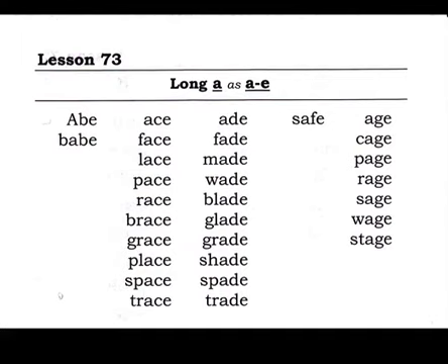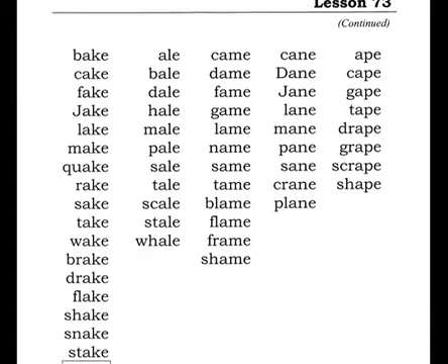For example, ACE is ace, and then you have face, pace, race, brace, grace, etc. Under ADE, you have fade, made, wade, blade, etc. Under AKE, you have bake, cake, fake, quake, shake, etc. And at the bottom of that column, we have the word ACHE, which is pronounced ache, as I have an ache in my back.